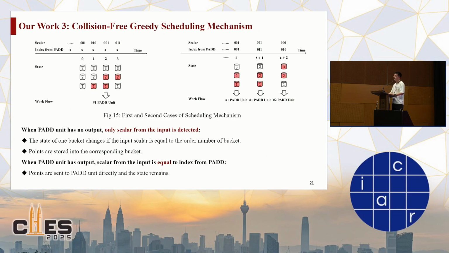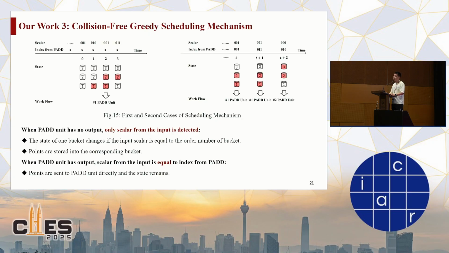And thirdly, I'd like to introduce our 3-work Collision-free greedy schedule mechanism. Here, I have shown some figures to illustrate the mechanism. We use scalar to represent the input point and the index to represent the output from the point addition unit.